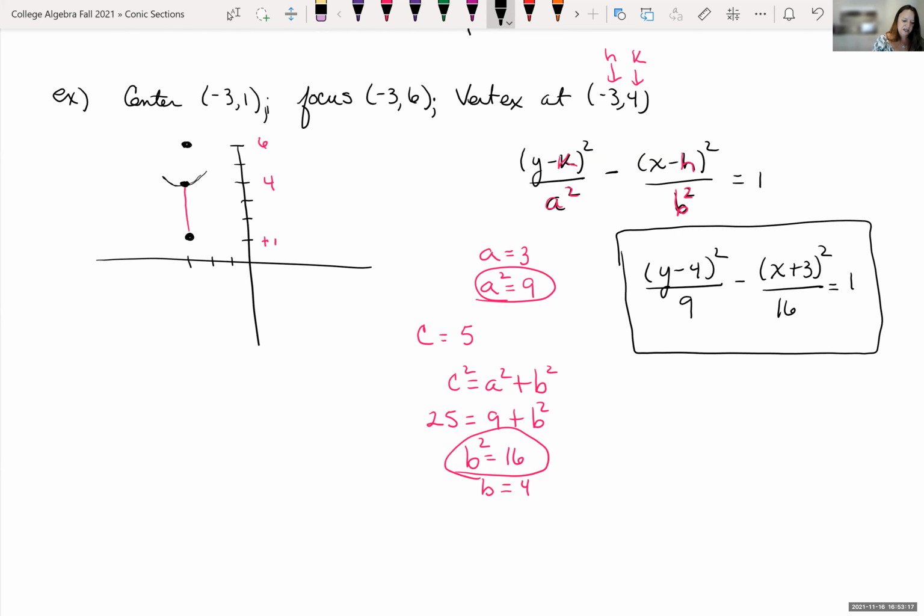So given the information about the hyperbola, we were able to figure out which direction it was facing and the equation.